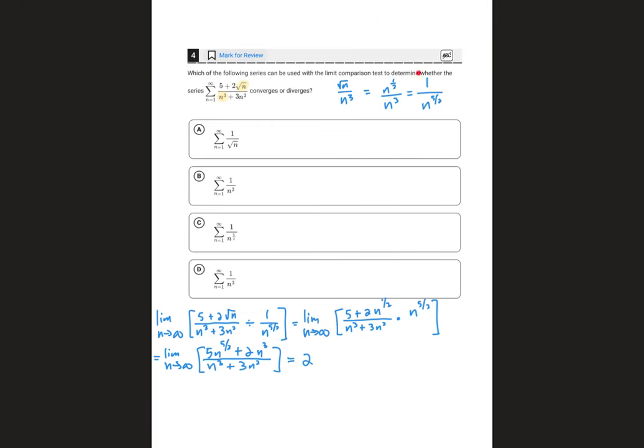And then since we know that this one converges, since it's a p-series and p is greater than 1, that means we know that the given series will converge also. Okay, so that's C.